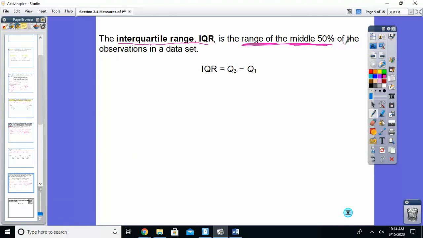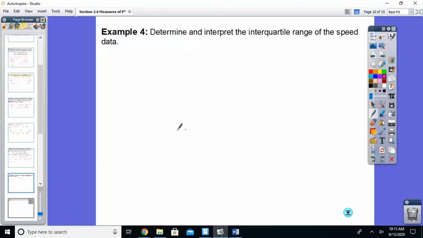Okay, so if I went back to the example that I was just doing, and I found the interquartile range, we just need to do quartile 3 minus quartile 1.